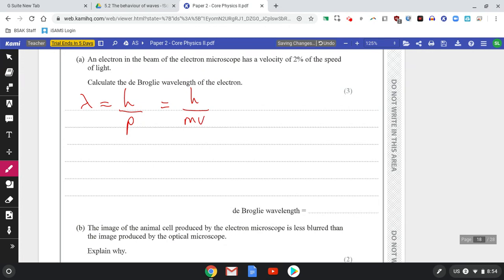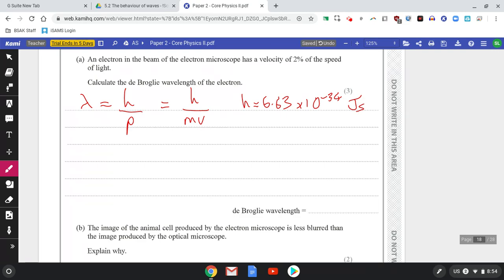If you can remember what h is, we should know this from all the practicals we've done during distance learning, that's 6.63 times 10 to the minus 34 joule seconds. It's a tiny number, because the quantum world is tiny.